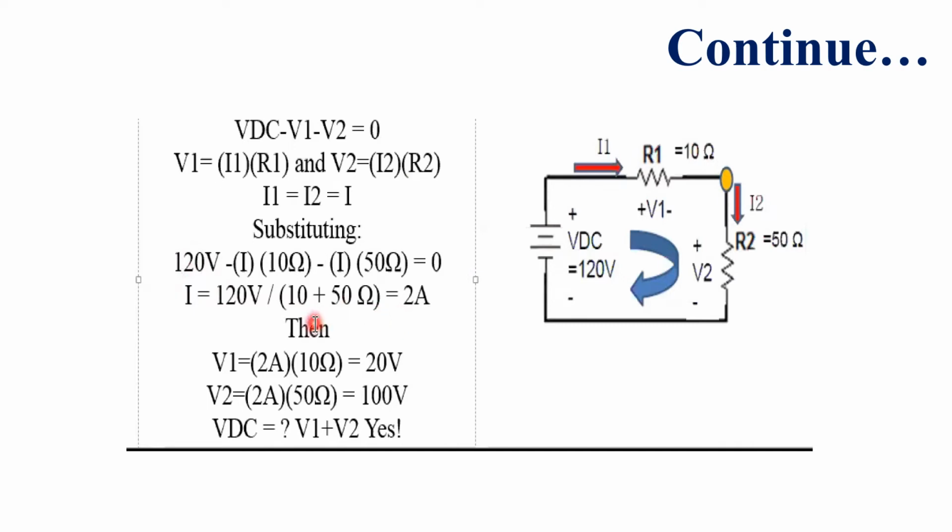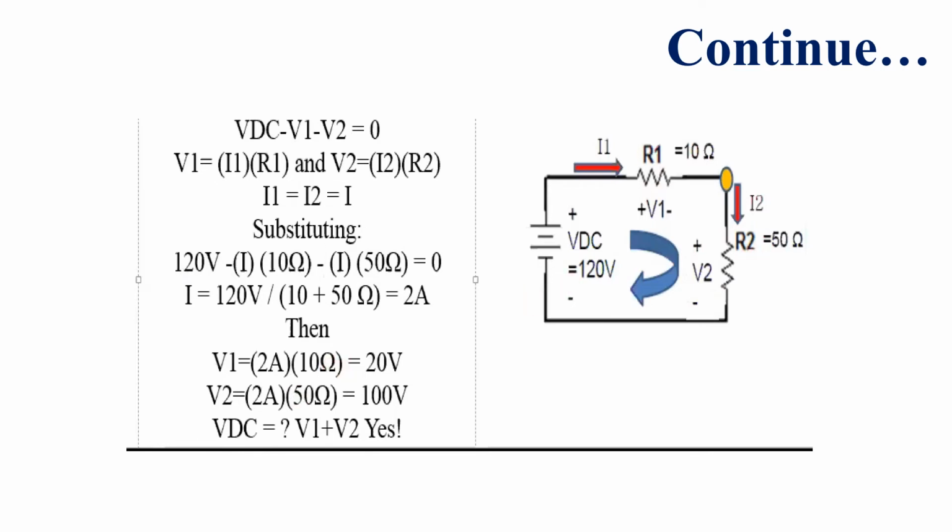So the current of this series circuit equals 2 ampere. Then V1 equals I1 R1, meaning 2 multiplied by 10, which is 20 volt. Same case for V2, which equals 100 volt. As we can see, we have the battery of 120 volt and the voltage drops across R1 and R2: V1 equals 20 and across R2 we have a voltage drop of 100.